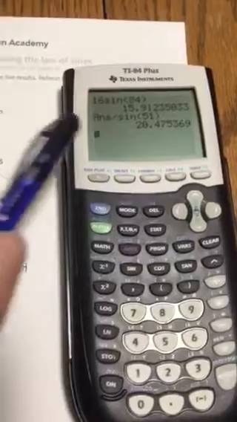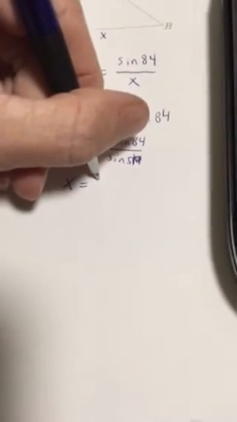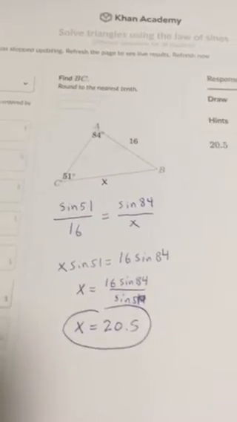I'm going to round that up to 20.5. So the answer for the length of side BC, our missing side, is 20.5. So I'm just using the law of sines.